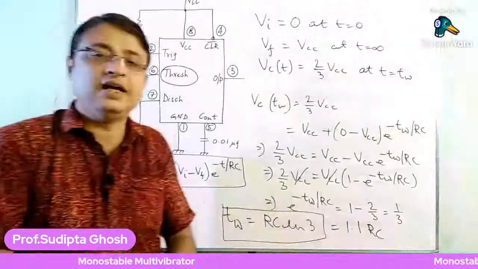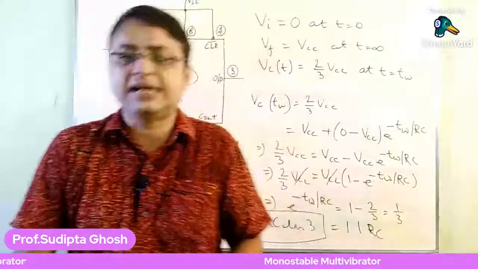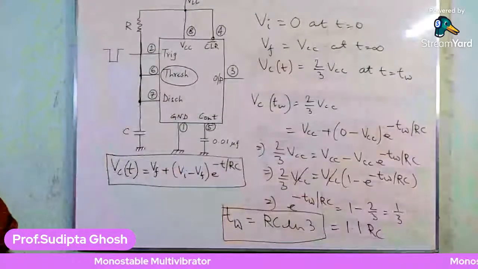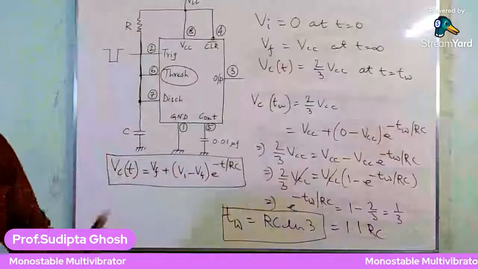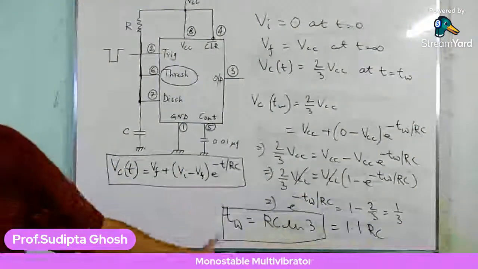And when we have our practical classes, we have to construct a monostable multivibrator circuit. In our question we always have a value of TW given.